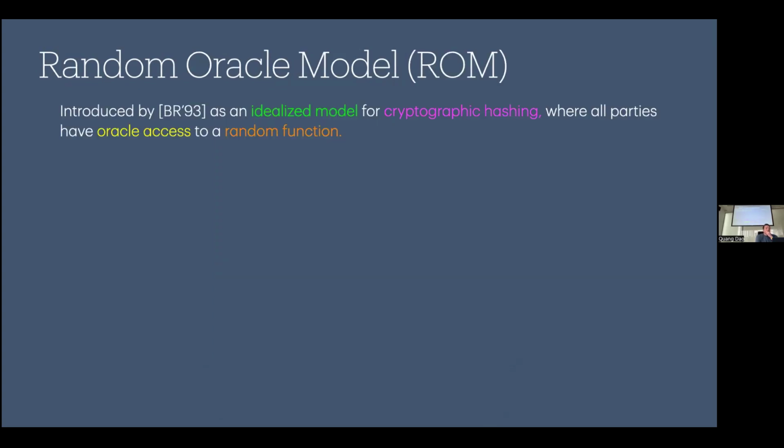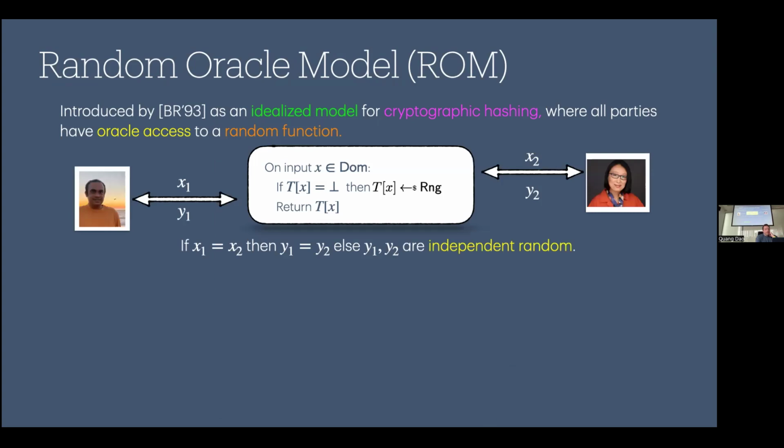And of course, it's important to talk about the random oracle model. This is a very interesting topic. It's an idealized model for cryptographic hashing, where you replace the hash function with a random function as a thought experiment, and you give everyone access to a box.